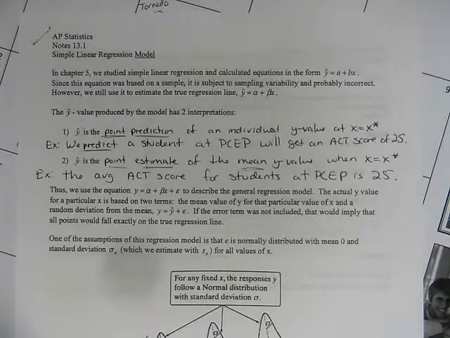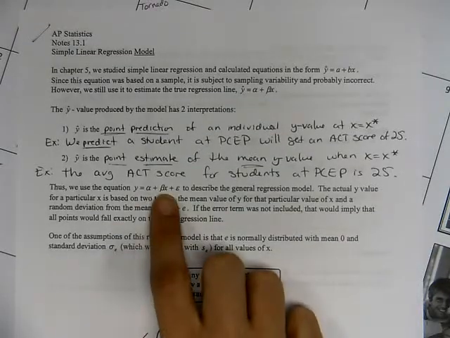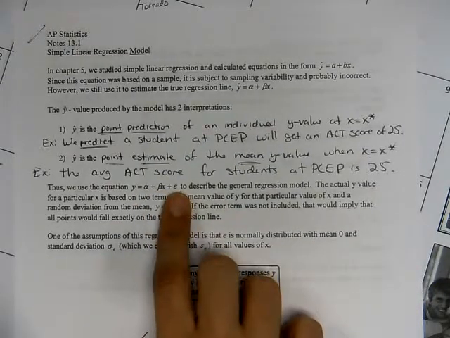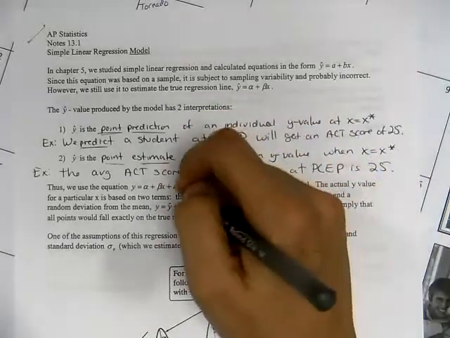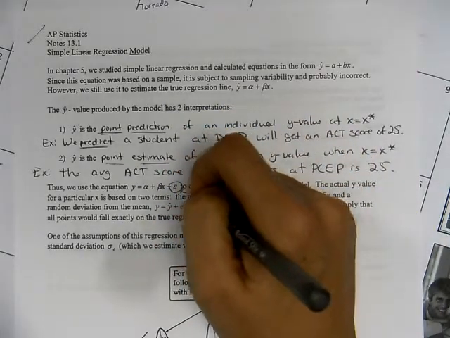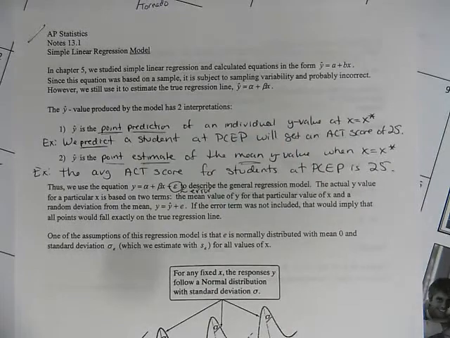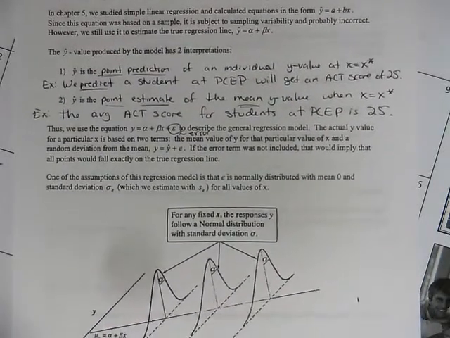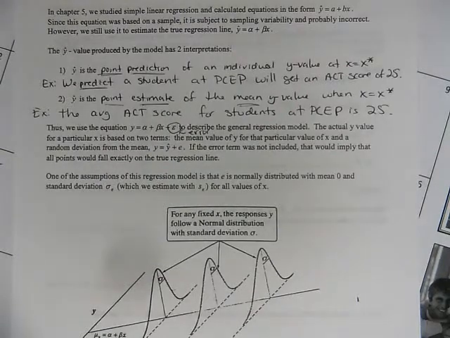So everything we do in chapter 13 has to do with slope and equations of lines. So if you look at alpha plus beta x, there's going to be some error. So this fancy E stands for error. The actual y value for any particular x is based on two terms: the mean y value at that particular x and a random deviation.